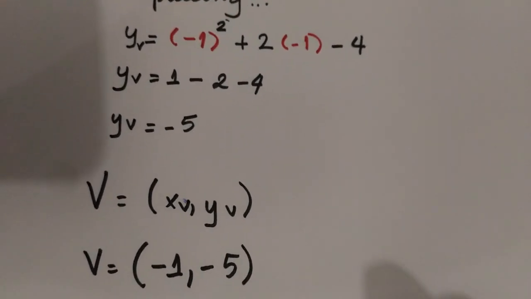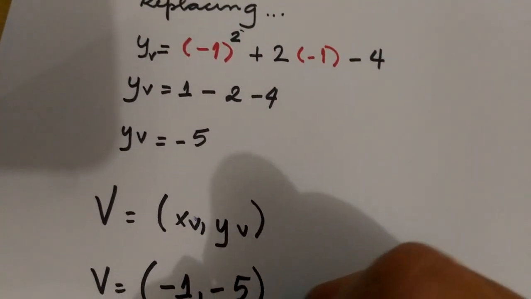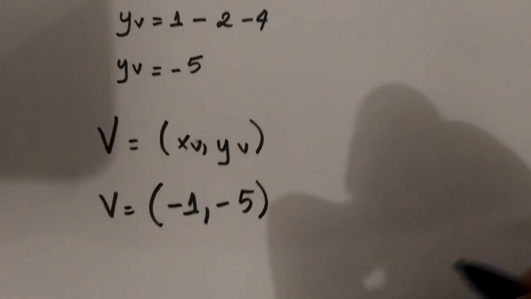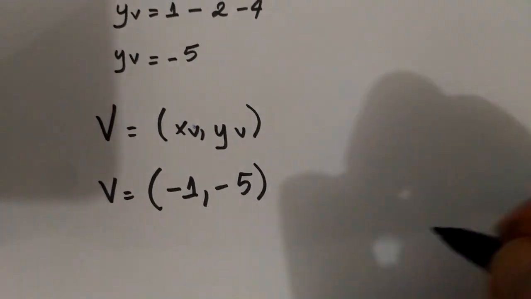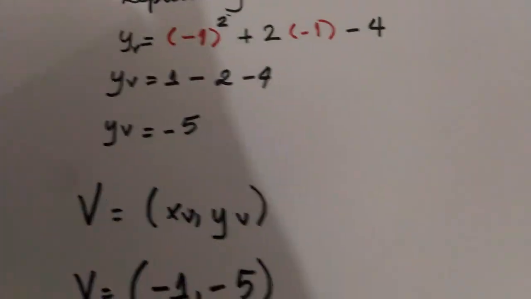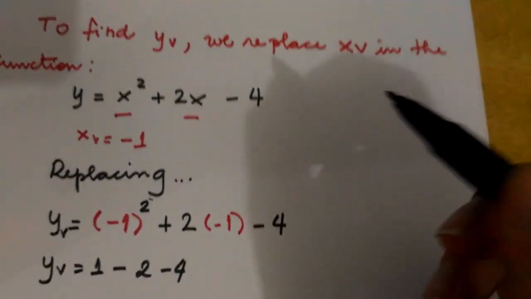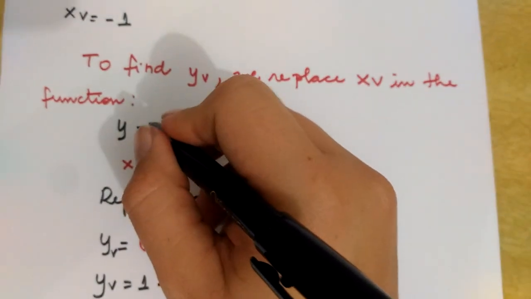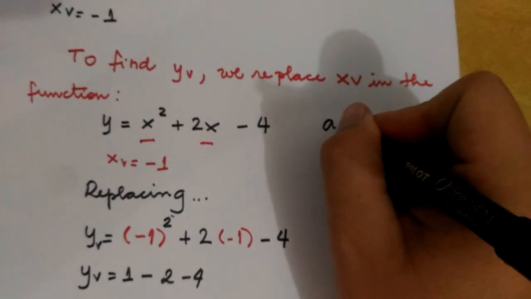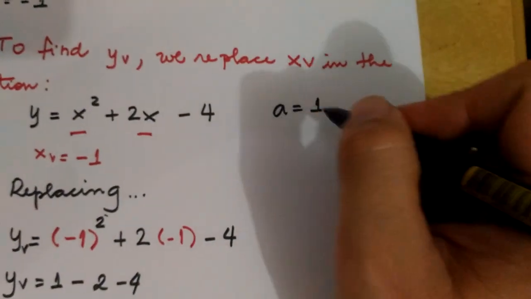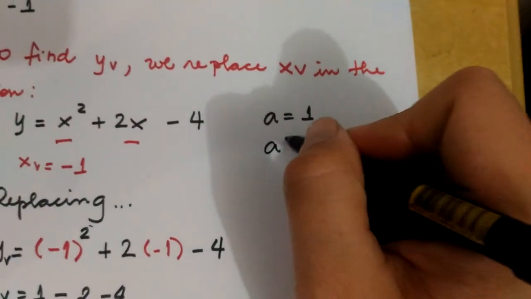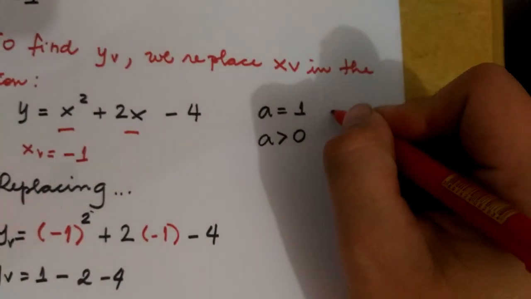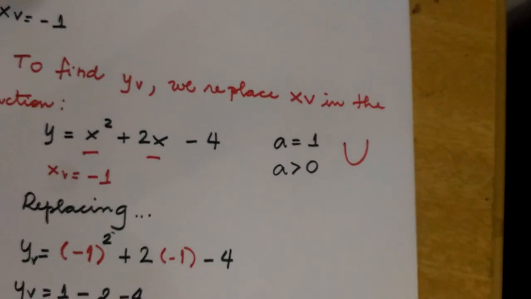Hope not. So now we know which point is the point where the parabola stops growing and starts decaying. Now, let's go back. My A, in this case, is 1, which means that it's bigger than 0. If my A is bigger than 0, the parabola is going to be like this.